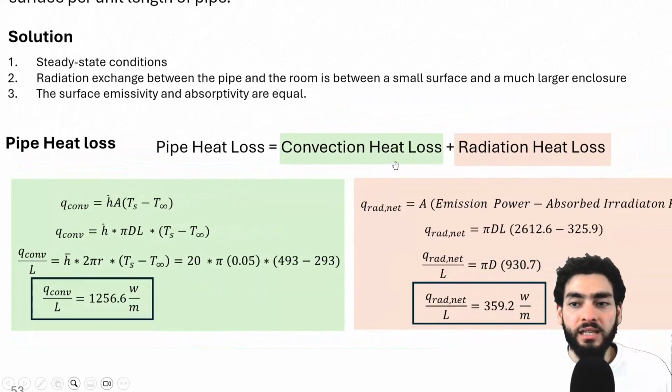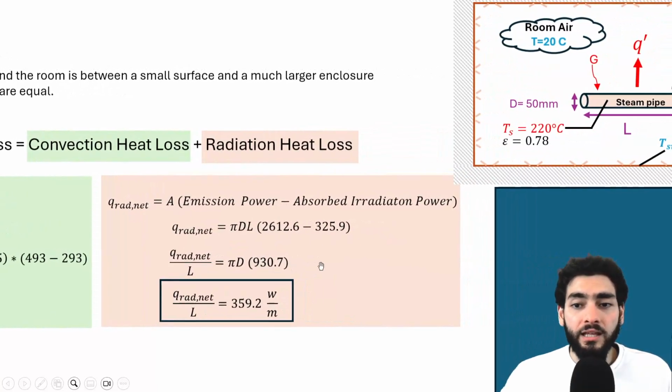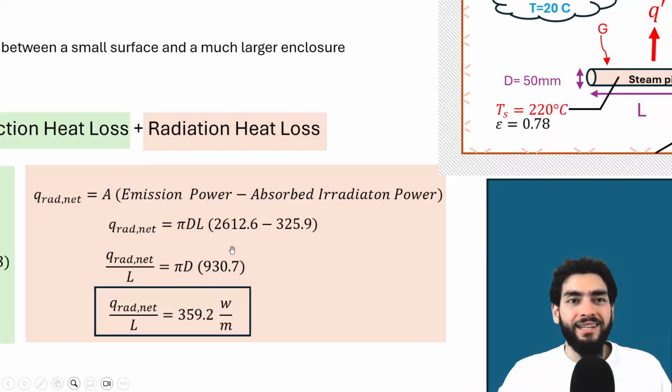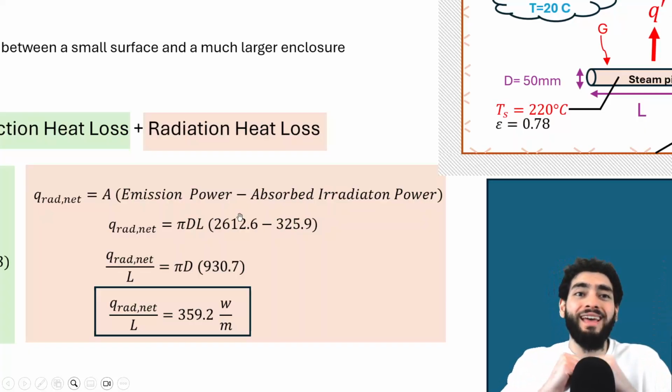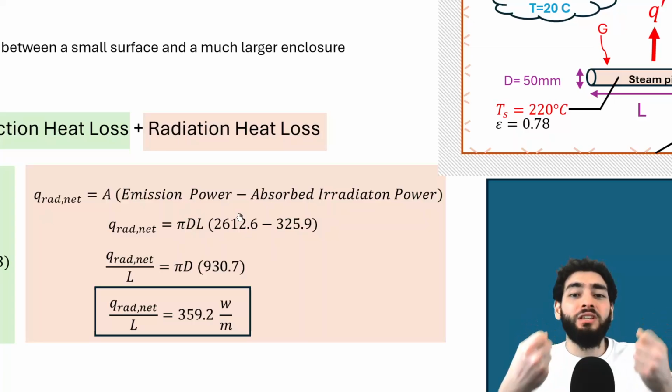Now, that is just the convection heat loss. Let's look at the radiation heat loss. The radiation heat loss will be the net radiation. So we've already calculated the emissive power, which is the radiation power that the pipe emits, and we've calculated how much radiation power the steam pipe actually absorbs.